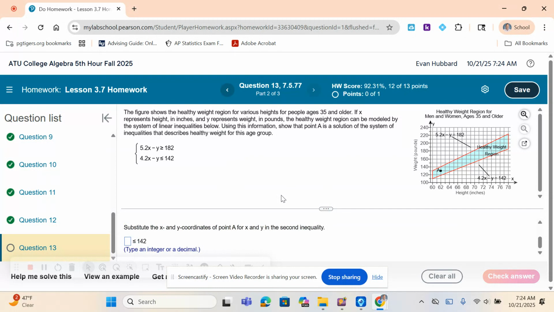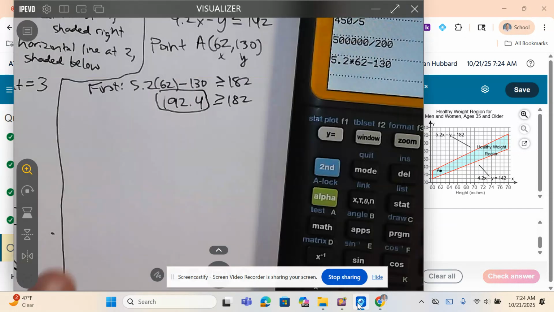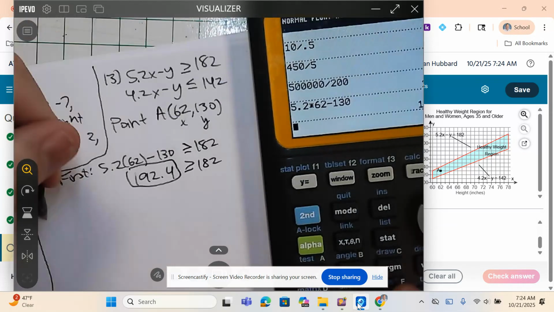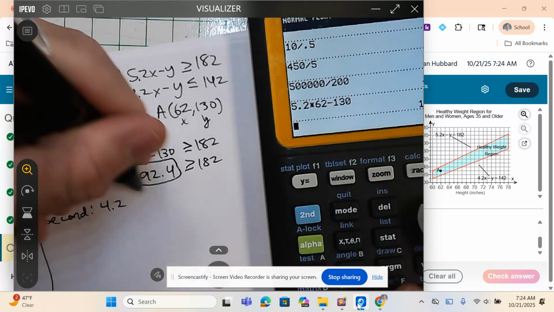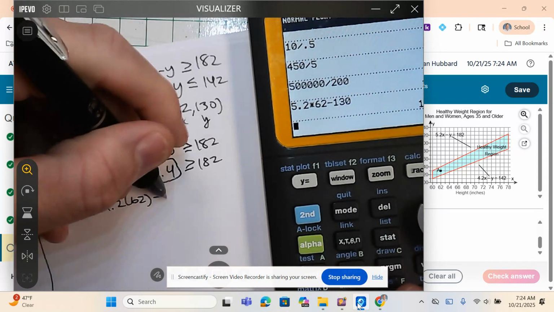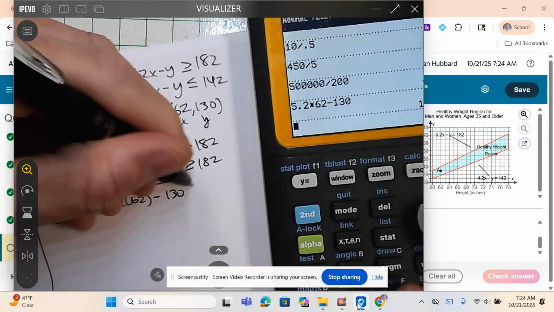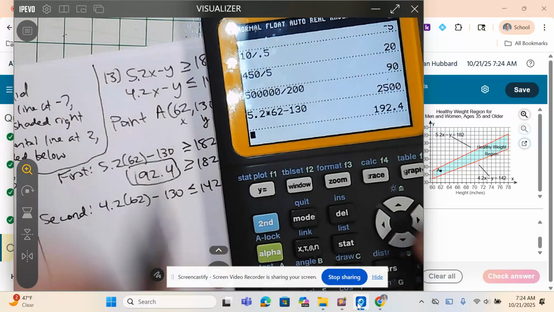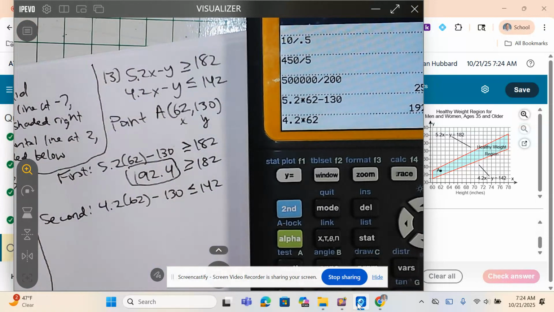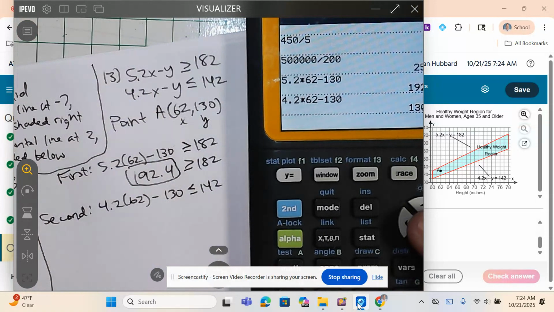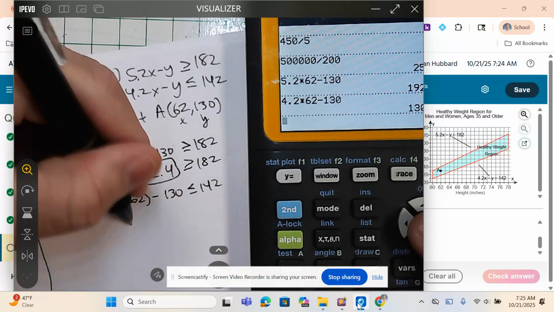All right. Now I'm going to plug it into the second inequality. So second, I've got 4.2 times 62 minus 130. Is that less than or equal to 142? So 4.2 times 62 minus 130 is 130.4.